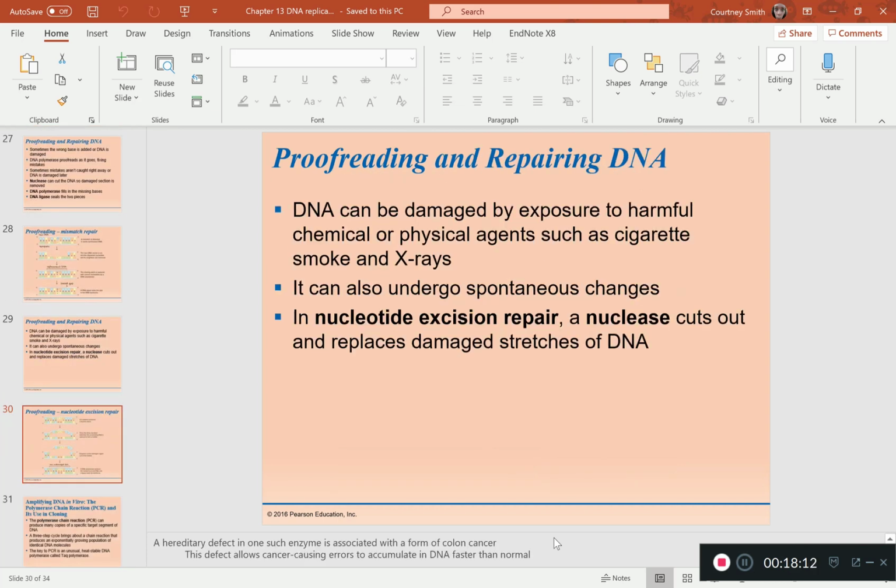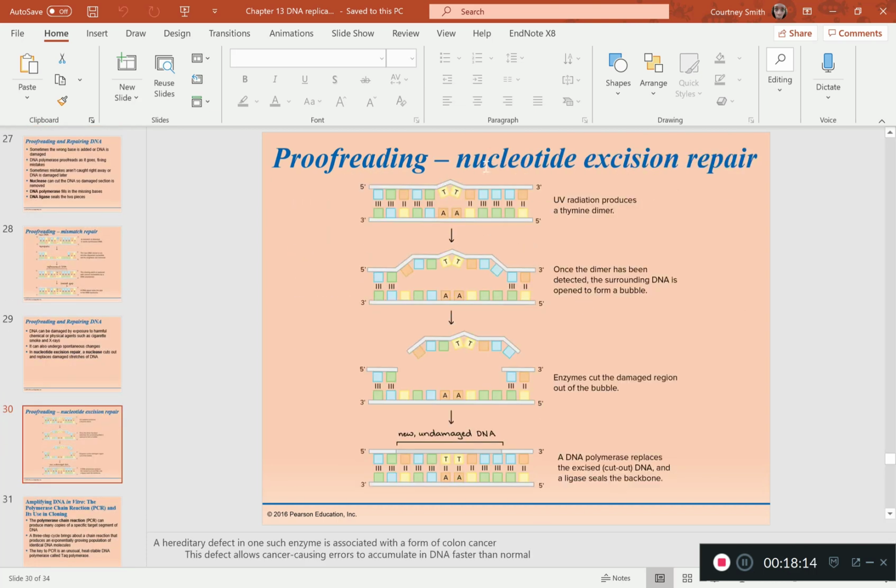But like I said, there are some cases where UV radiation creates a dithymine dimer, which can lead to skin cancer if left unchecked. Nuclease will come in and take out that damaged section, DNA polymerase will put in the new section, and then DNA ligase will come in and retie it together so those thymines are bound to those adenines rather than bound to each other.